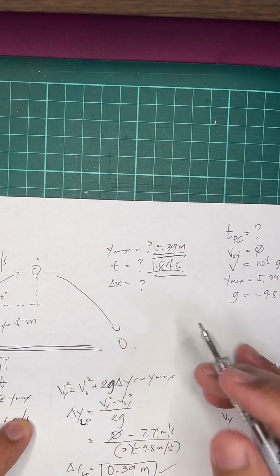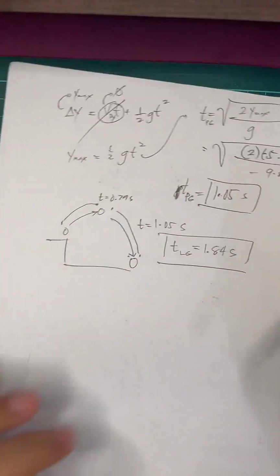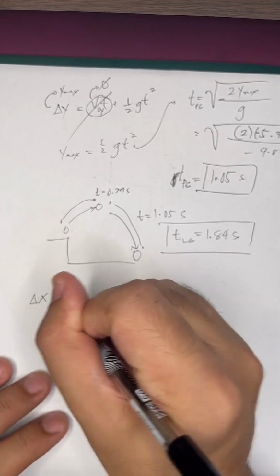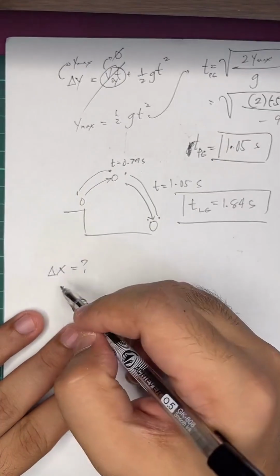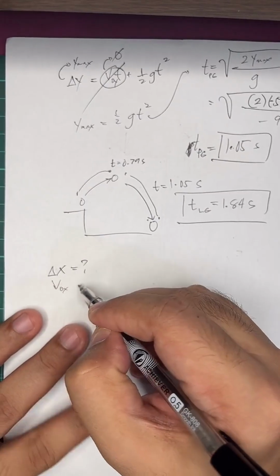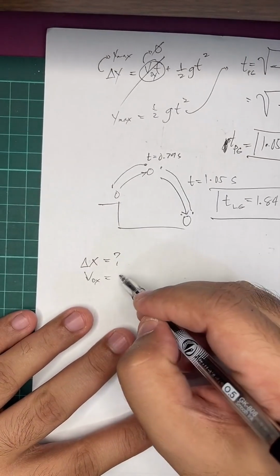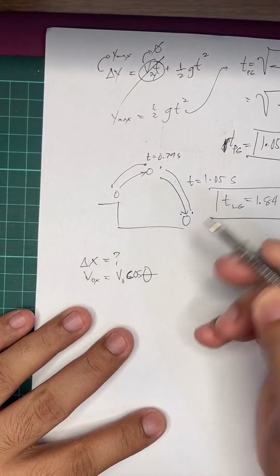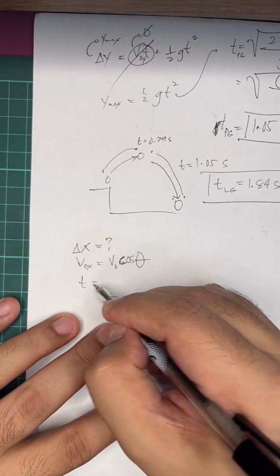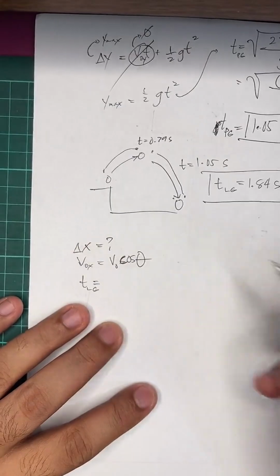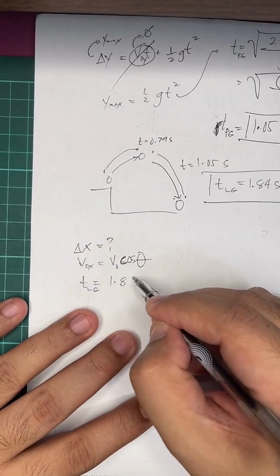We can solve for the range now. Delta x would be equal to, we don't know yet, V naught x would be equal to V naught cosine theta. Then t would be the time from the launch point to the ground, which is 1.84 seconds.